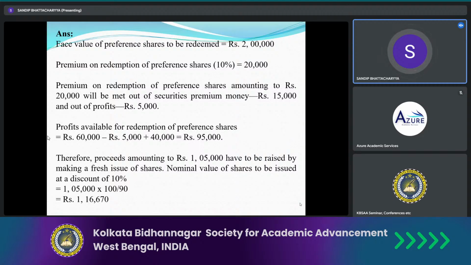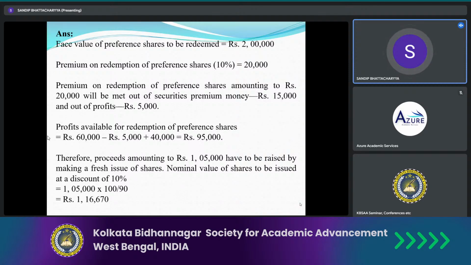But in your question, the fresh issue must be at 10% discount. So can I say that this 1,05,000 is my 90% value? If it is a 90% value, then what will be the full amount of fresh issue capital? Then 1,05,000 into 100 divided by 90.